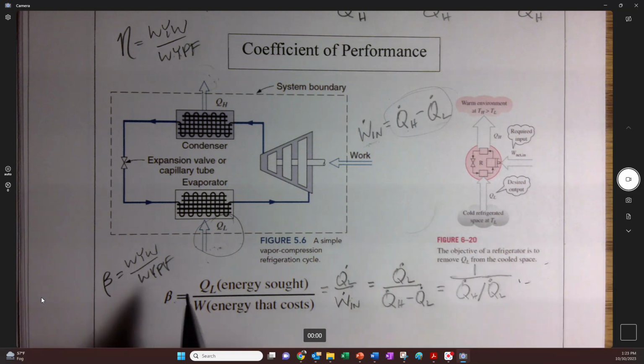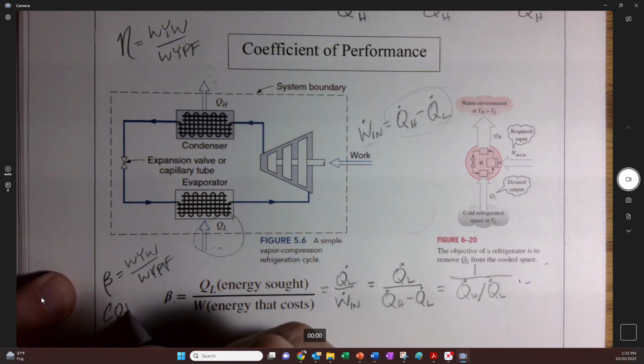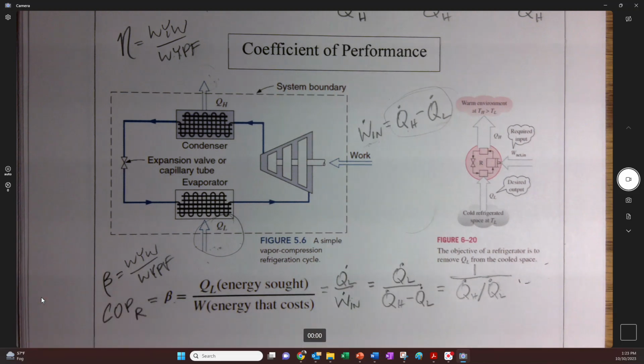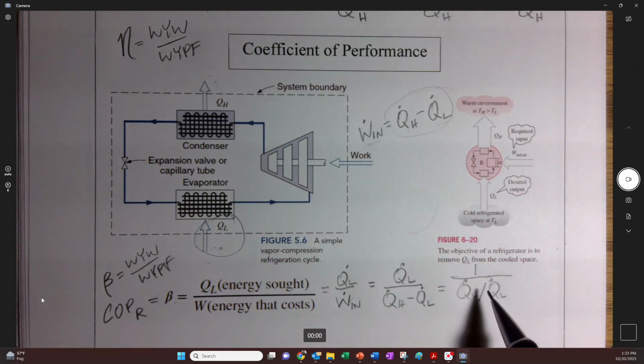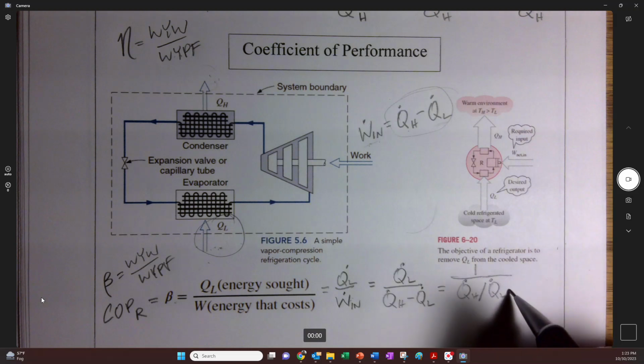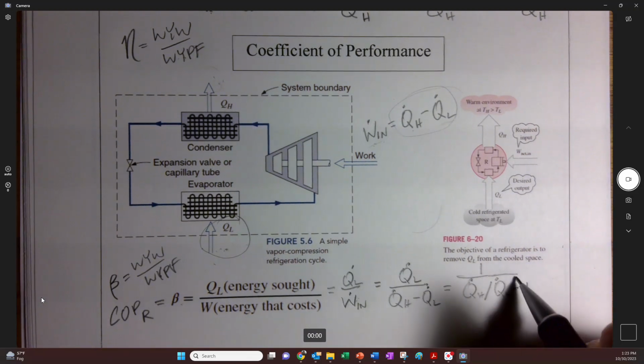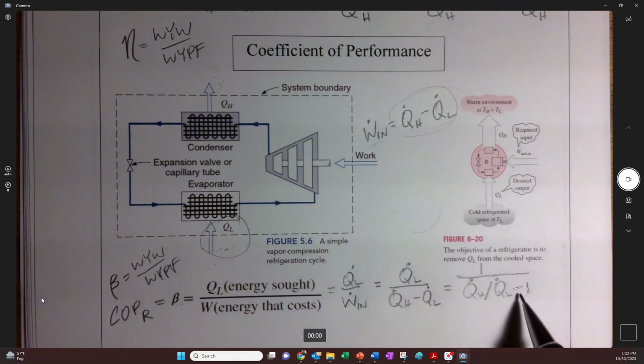So this is what's often called the coefficient of performance, and this is the refrigeration one, right? The coefficient of performance. And you can see that this is going to be a value greater than 1, because, well, silly me, forgot to put that in there. Okay, sorry. So you can see that, because of this ratio right here, and we're subtracting 1 from here, this is going to be greater than this one, right?